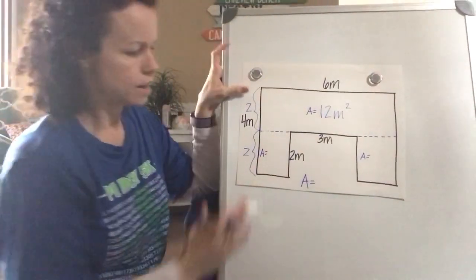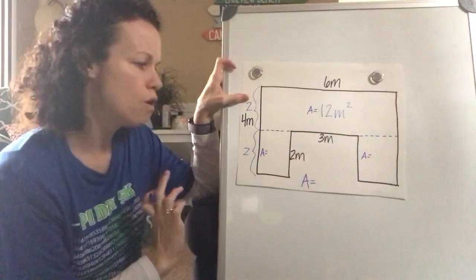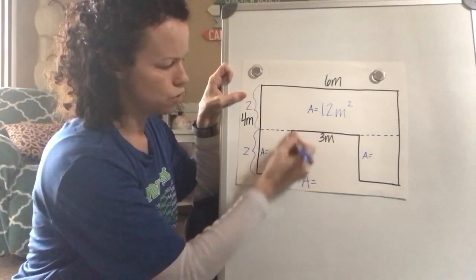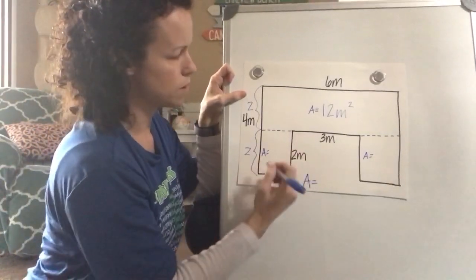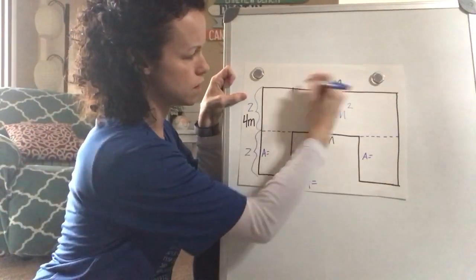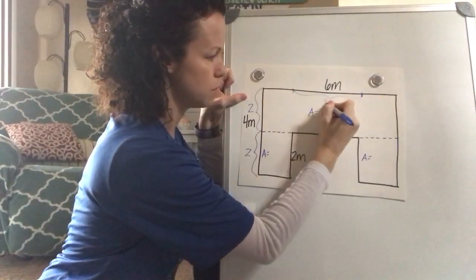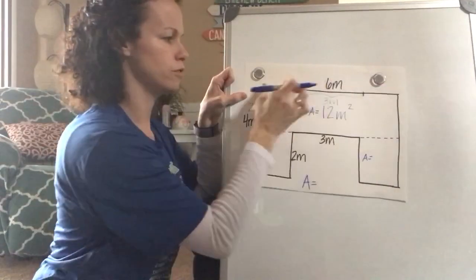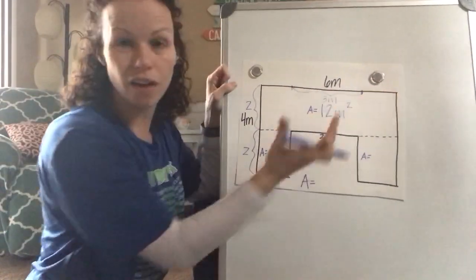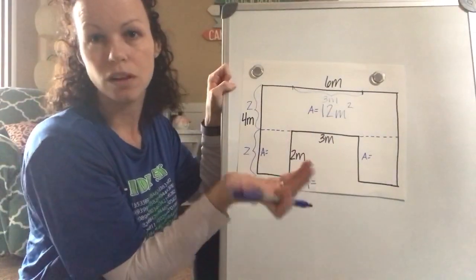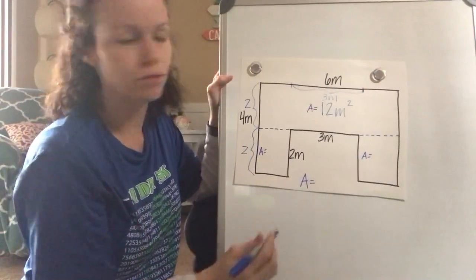Okay, now down here, these are going to be identical. So we have our 2, and if you remember up here, from here to here was 3 meters. So we know it left 3 here, and that's when I did the 3 divided by 2, or $3 split between 2 people was $1.50.